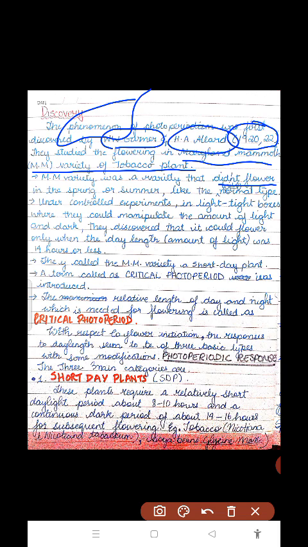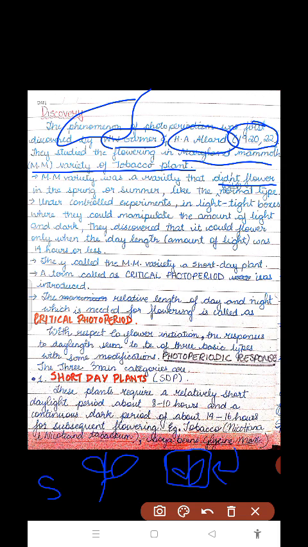But when they kept this Maryland mammoth plant in a box, and inside this box they allowed only a little bit of light to enter, that means they could manipulate the amount of light which the plant could receive.